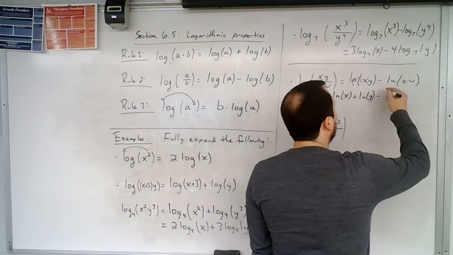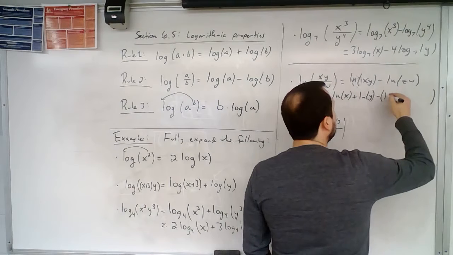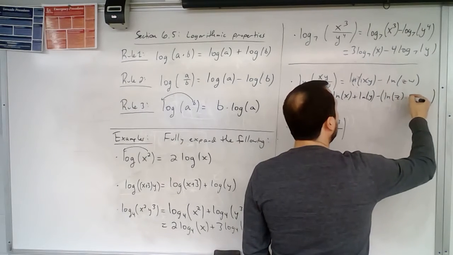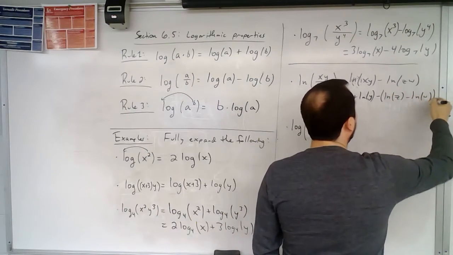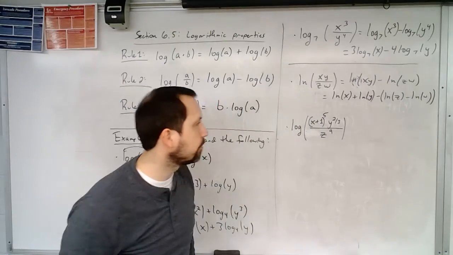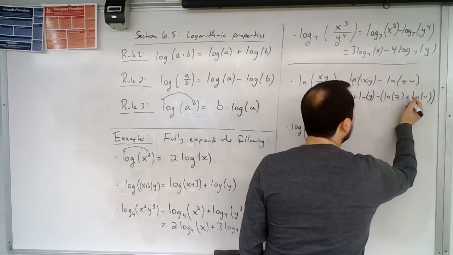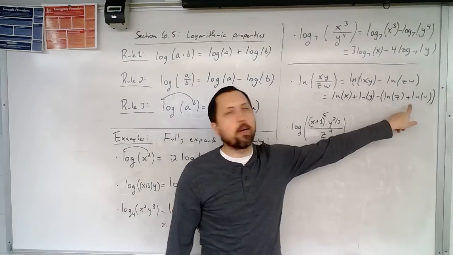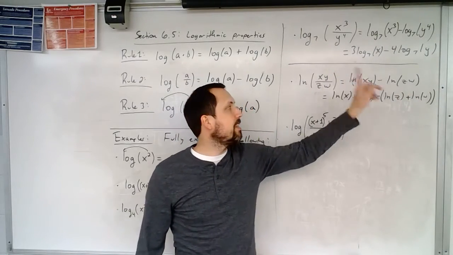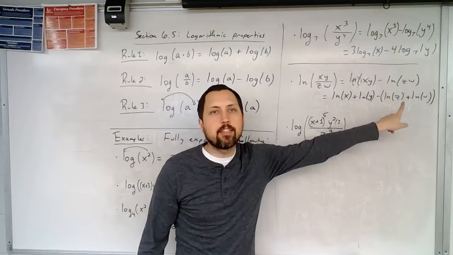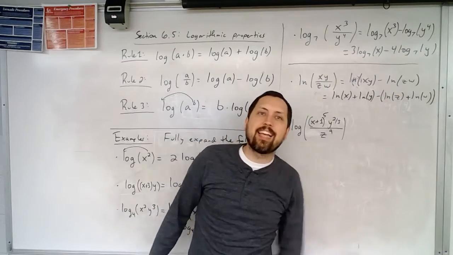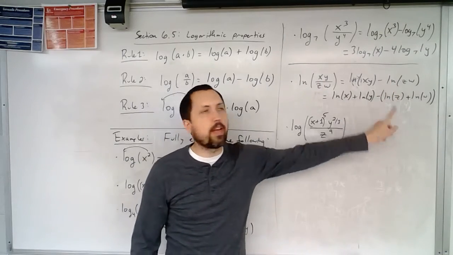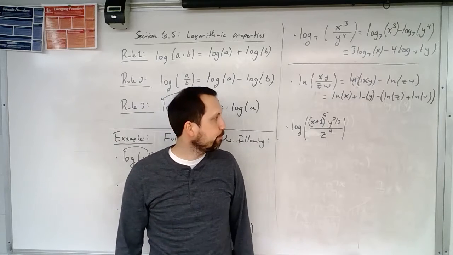So I'm going to use parentheses here to say this is natural log of z plus natural log of w. So because I have multiplication on the inside, this becomes addition on the outside. But the negative, if I distribute this, both of these terms would have negatives. So that's why we want to make sure we have the parentheses there.